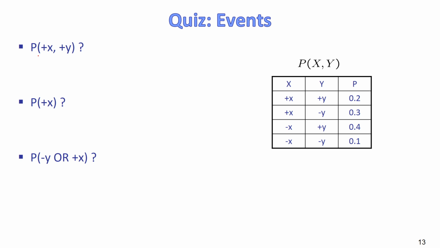Okay, so what are these probabilities then, Saad? Tell me how you got it. So plus x and plus y. So that's the joint probability, right? So how can we get it? Yes.